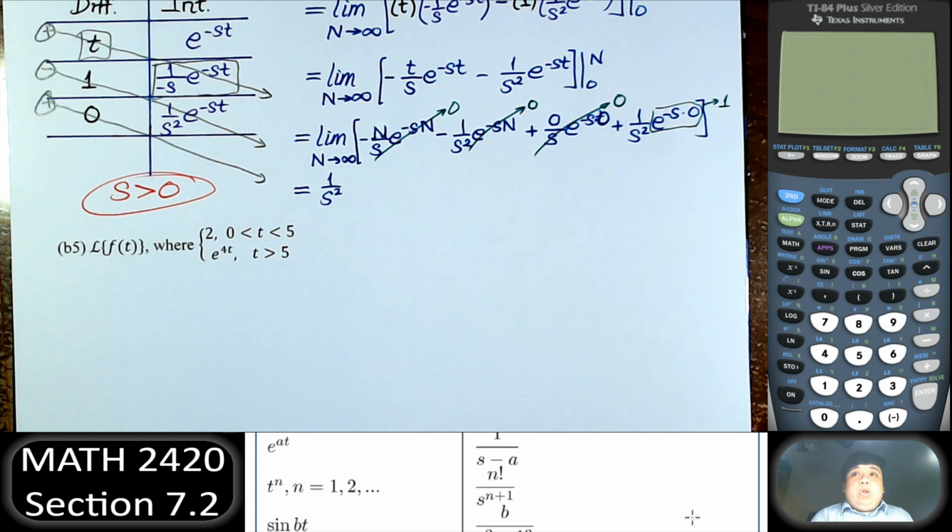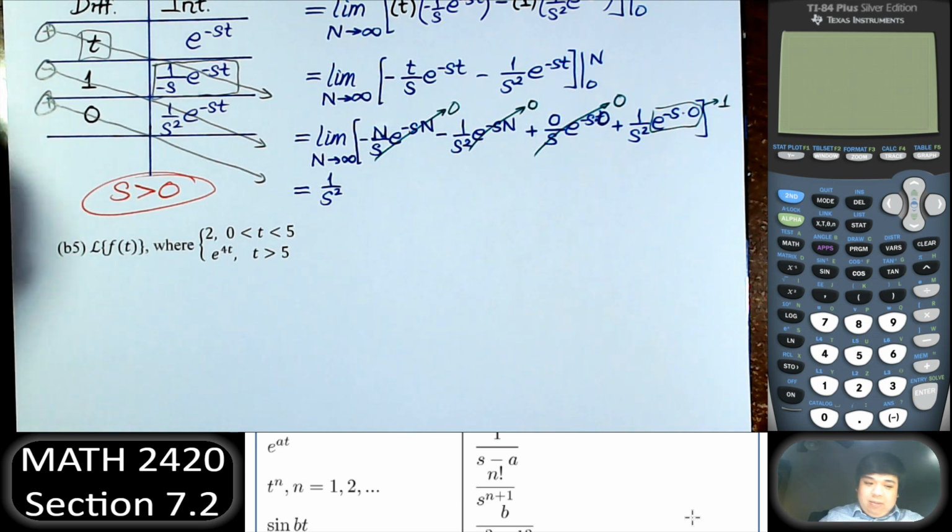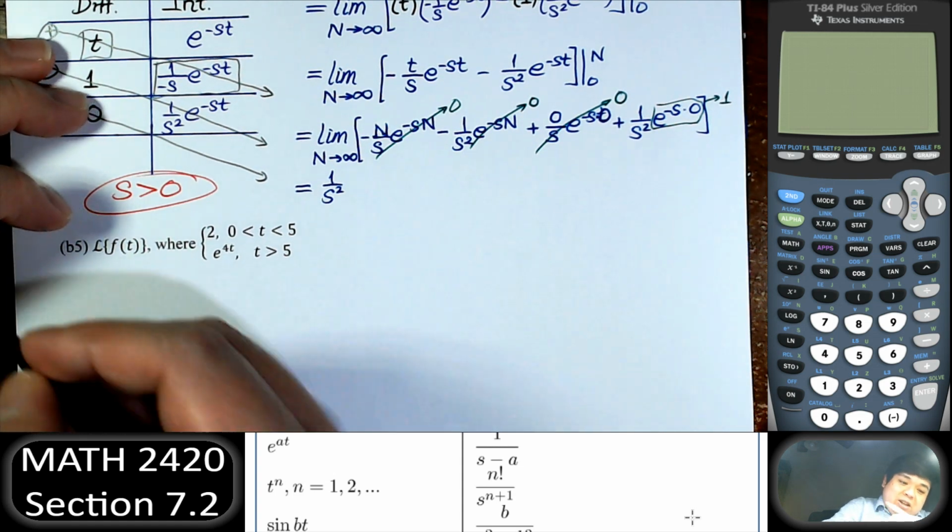But when we get used to it, we just have the table for derivatives. And same thing for integrals. If we have to use the definition, that will be complicated. This one we have to use the definition.